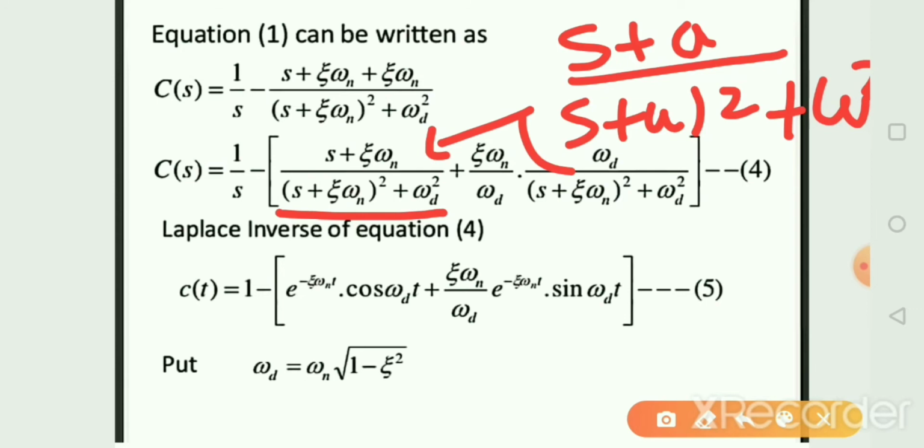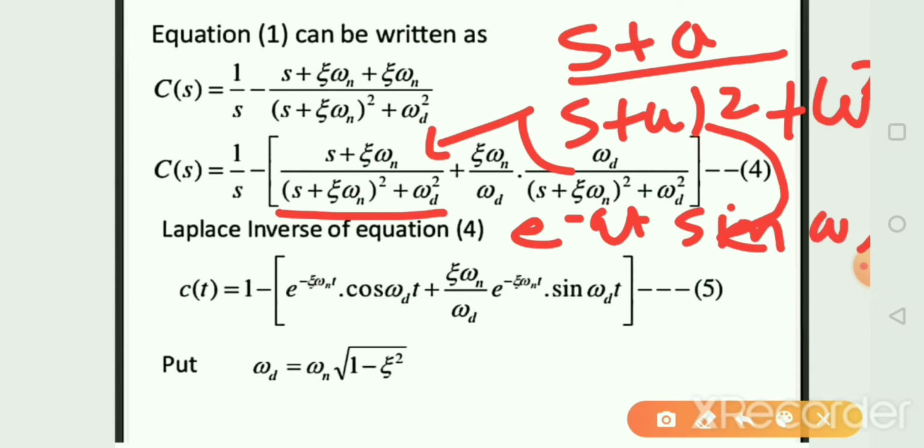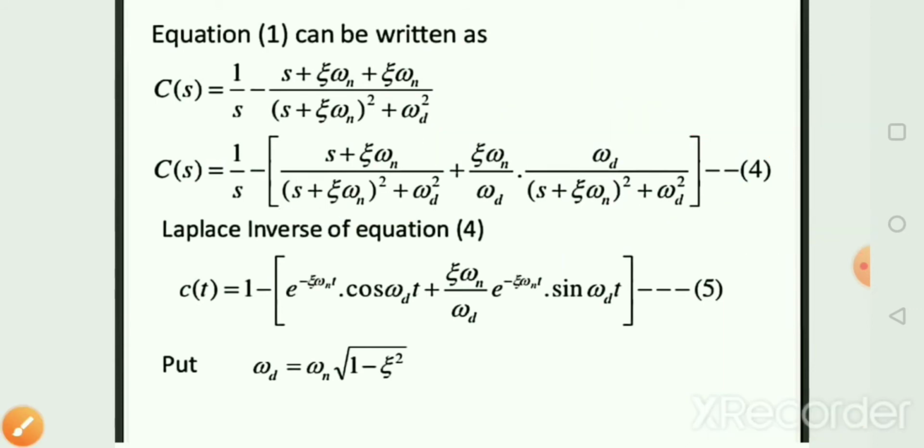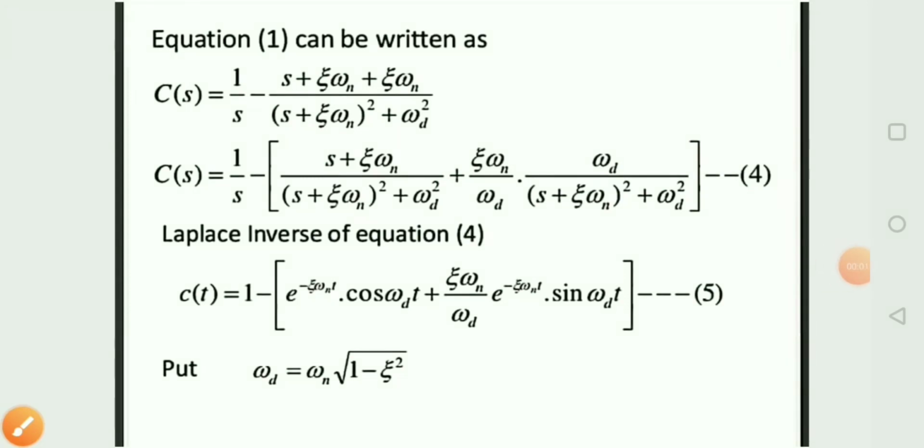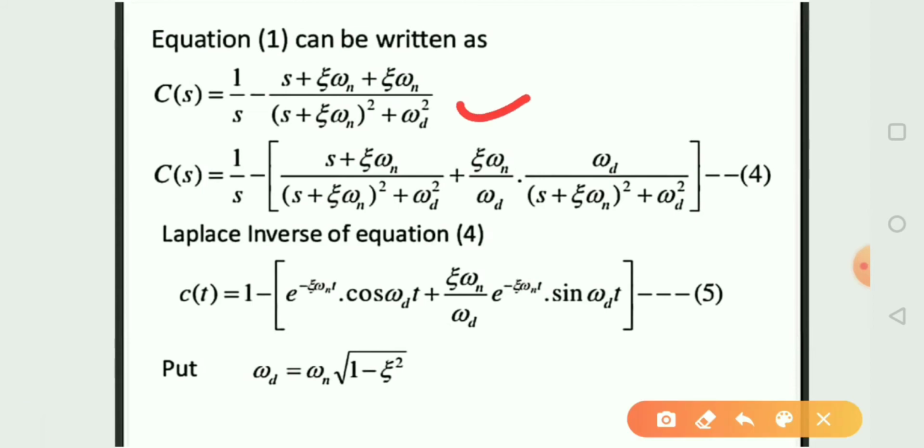So here a is ζωn, and ωd is in the place of ω. So the formula of this term, if we take inverse Laplace, is e to the power −at sin ωt. So if we put this value, C(s) equals 1 over s minus (s + ζωn) over (s + ζωn)² + ωd².